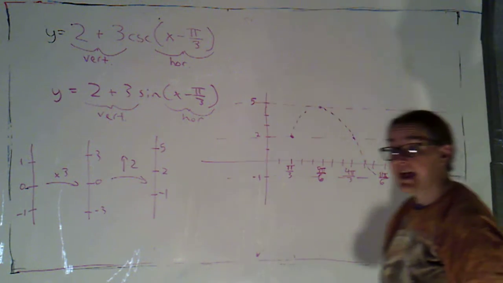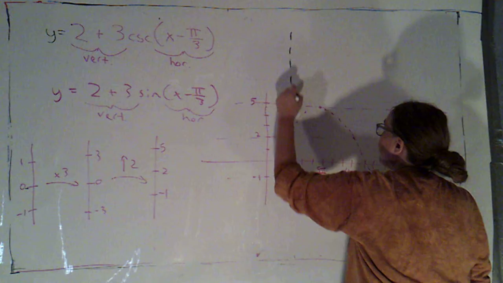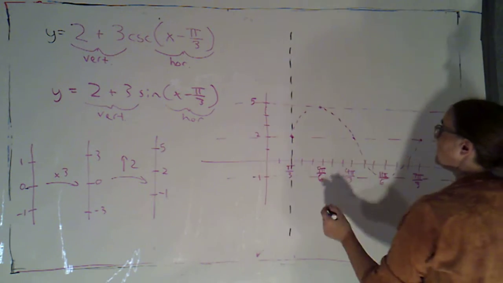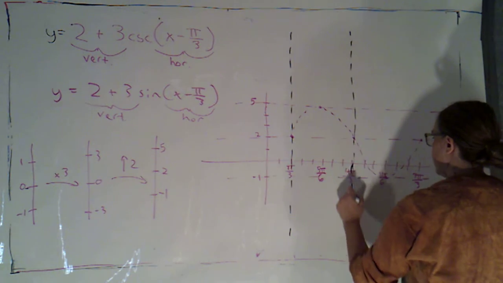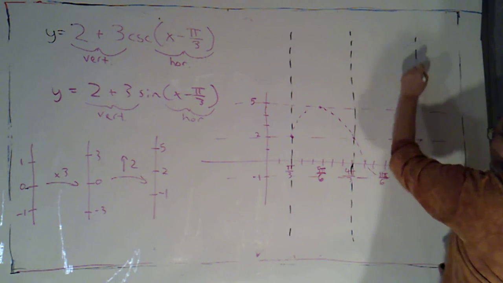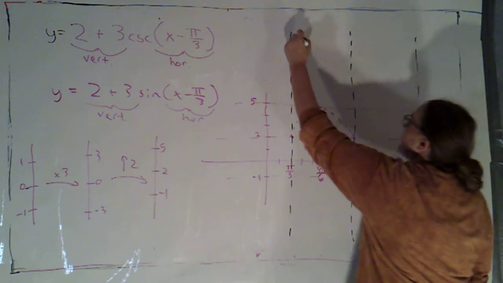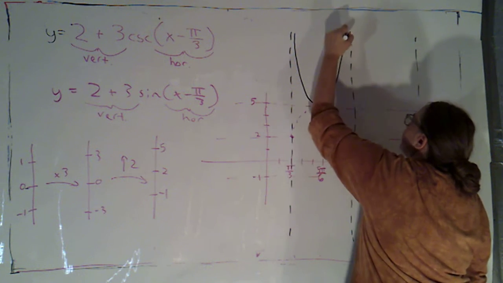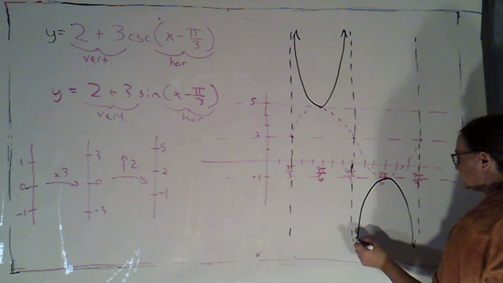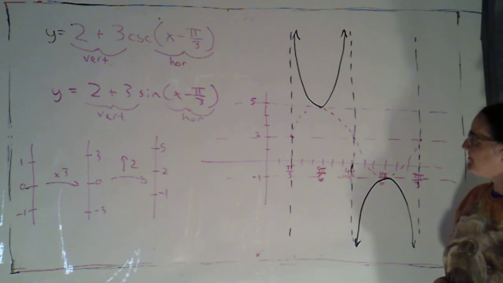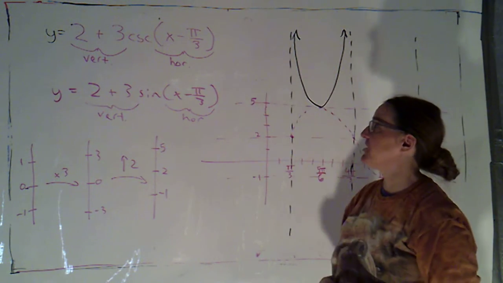So I'm going to draw my asymptotes whenever my y value is at that middle y value, whatever that has moved up to. So I'm going to have an asymptote at pi over 3. I'm going to have an asymptote at 4 pi over 3. I'm going to have an asymptote at 7 pi over 3. And then I'm going to flip the bumps. Okay, so there's our graph of this transformation.